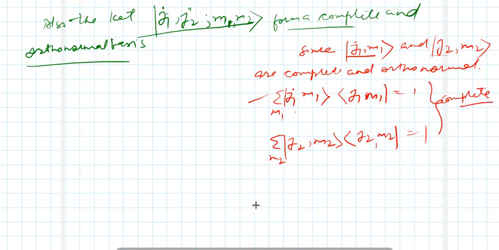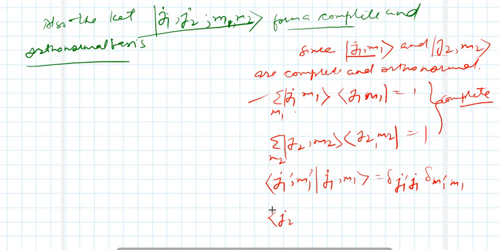Now another condition is that <J1' M1'|J1 M1> is equal to delta J1' J1 delta M1' M1, and <J2' M2'|J2 M2> is equal to delta J2' J2 delta M2' M2, right?